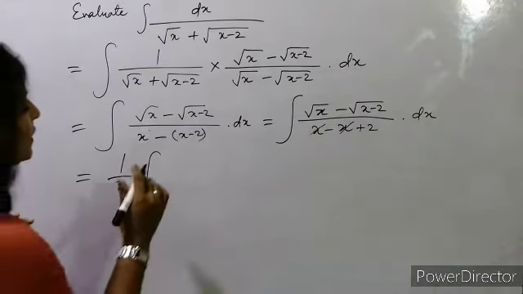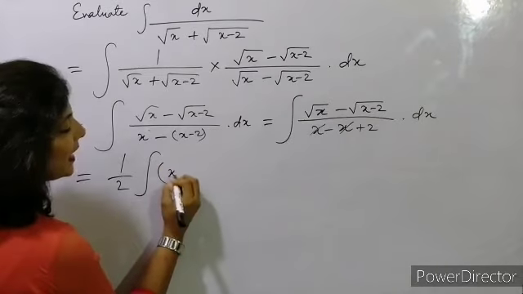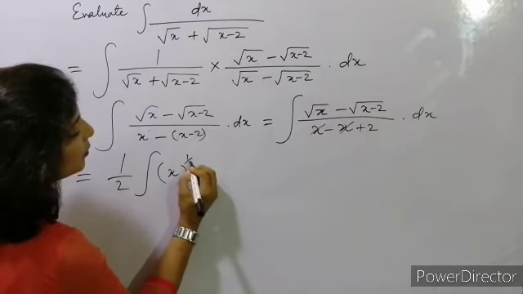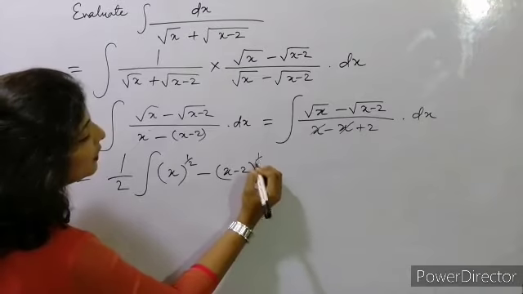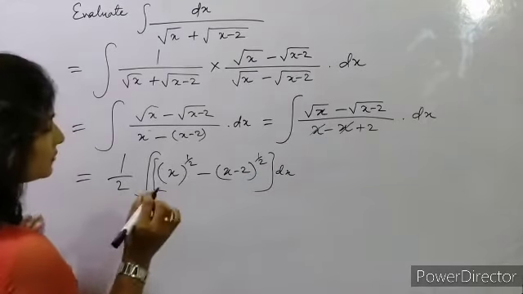Okay, now we have to find out this one, square root of x means x to the power 1 upon 2 minus x minus 2 to the power 1 upon 2 and dx. This one we have to find out.